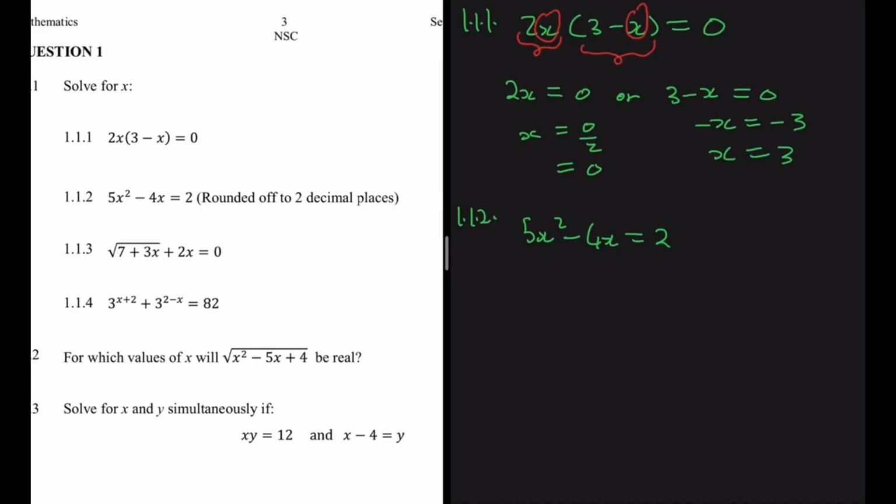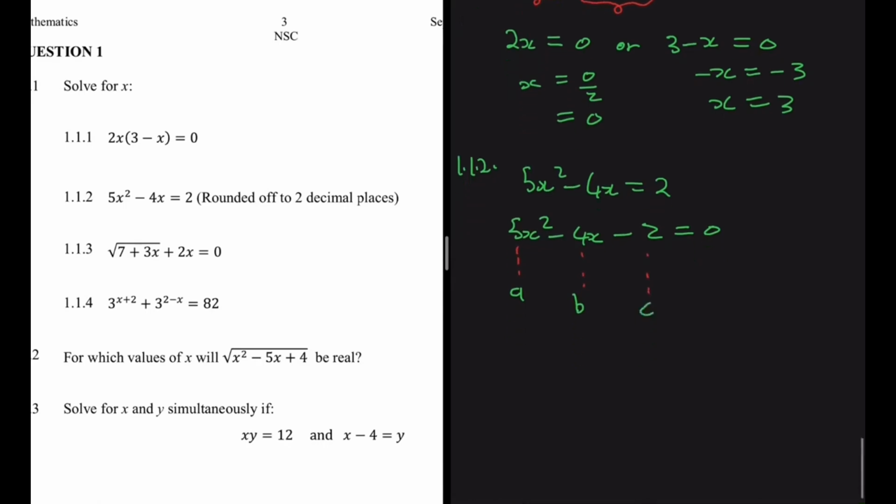So let's rearrange our equation and write it in the standard format. So we're going to have 5x squared minus 4x minus 2 is equal to 0, right? Now we have our equation in the standard format. We know fully well that 5 will be a, minus 4 will be b, and minus 2 will be c, right?